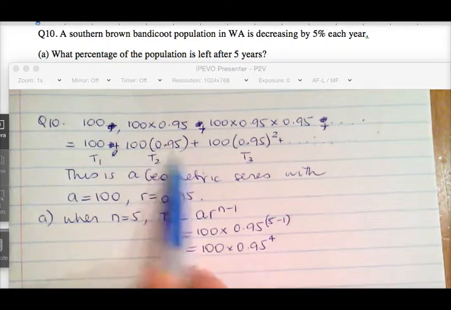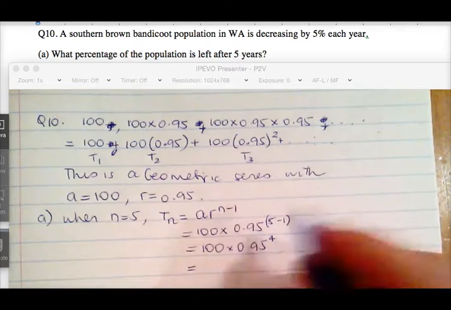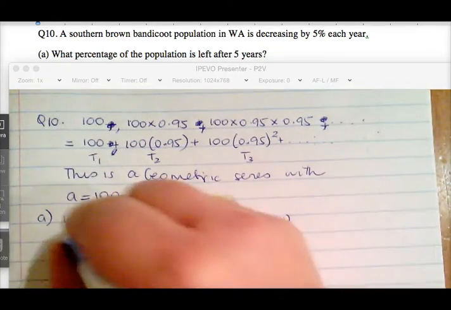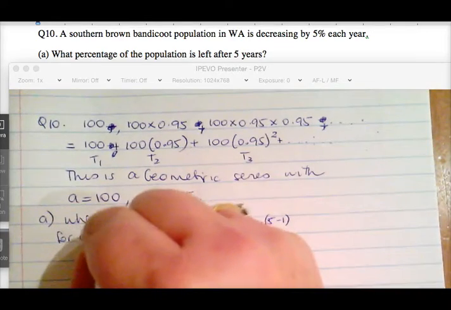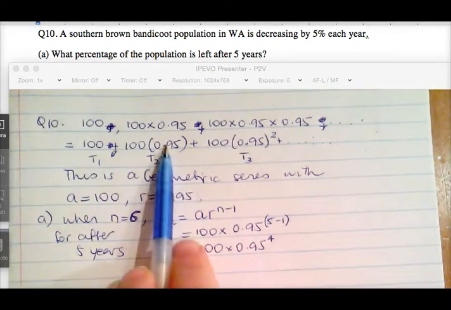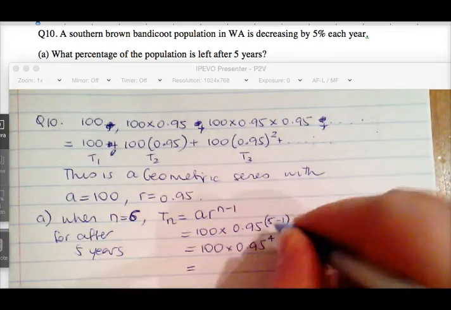This is after 1 year, after 2 years, after 3. So we actually want the sixth term. After 5 years, we actually want when n is 6, because it's the beginning. After 1 year, after 2 years is actually t3. So just be very careful with that.